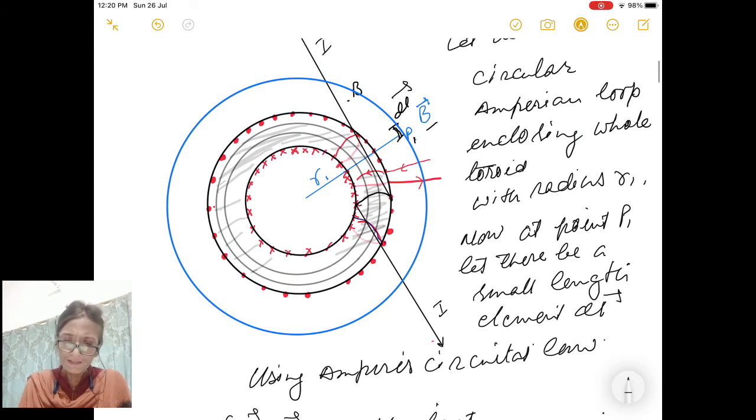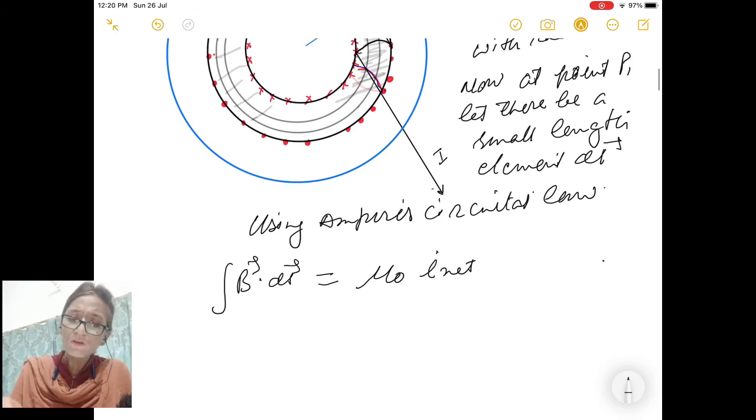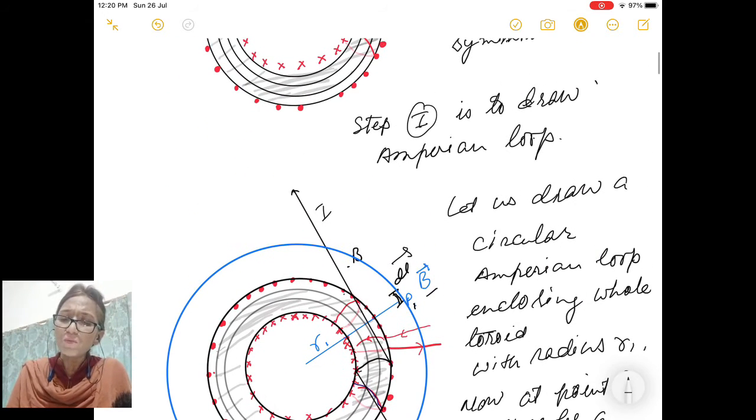Now here you can see that let there be N turns of circular loop.